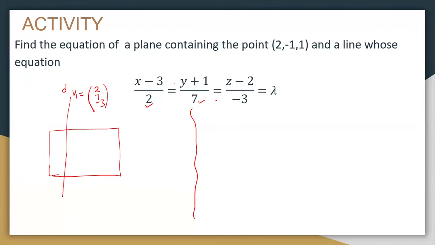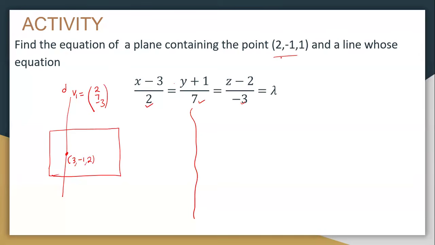What is always down is what forms our direction vector. But that direction vector has a point, which is given by 3, -1, and 2.